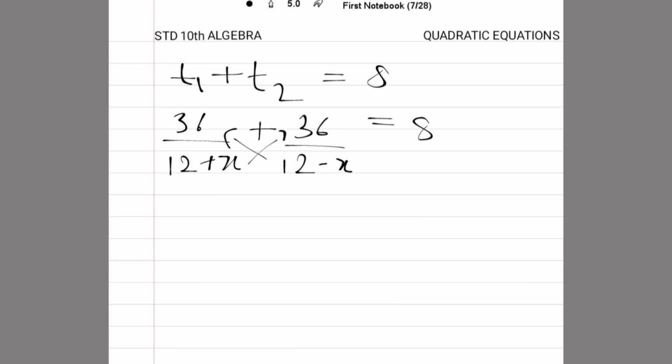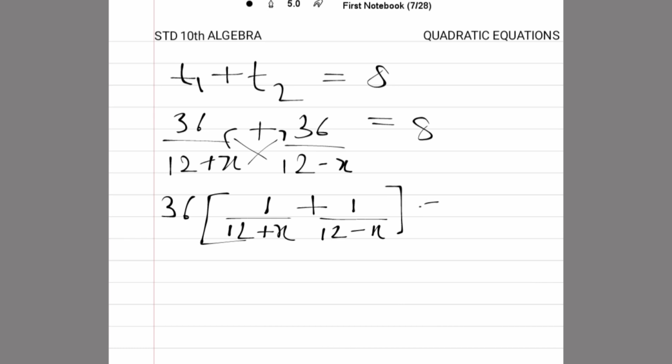Now if you look here, we can just take this 36 common from both the terms, right? So we will write it as 36 into 1 upon 12 plus x plus 1 upon 12 minus x is equal to 8.